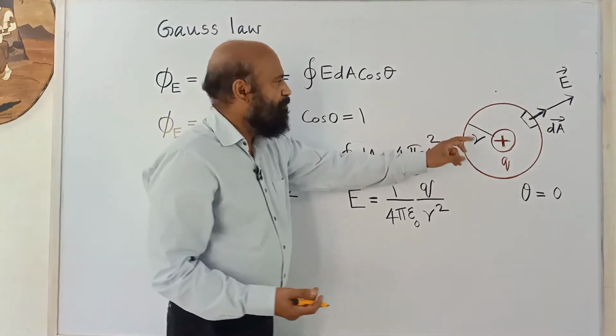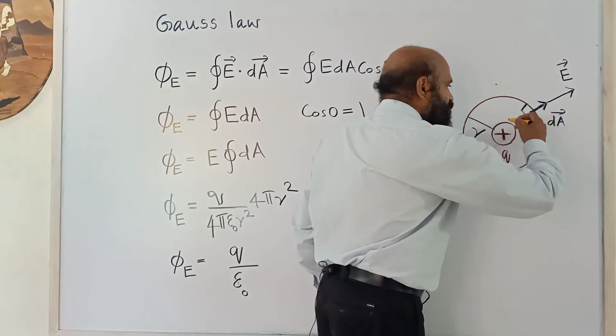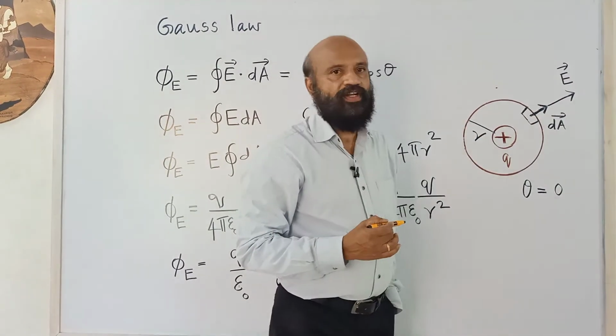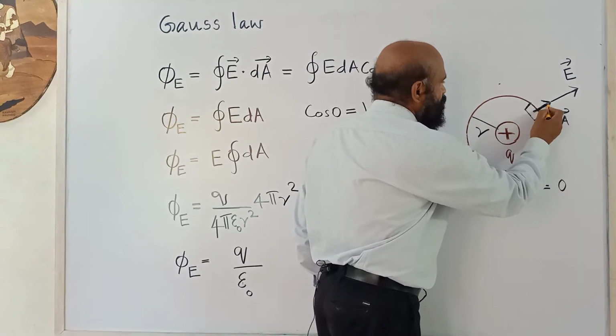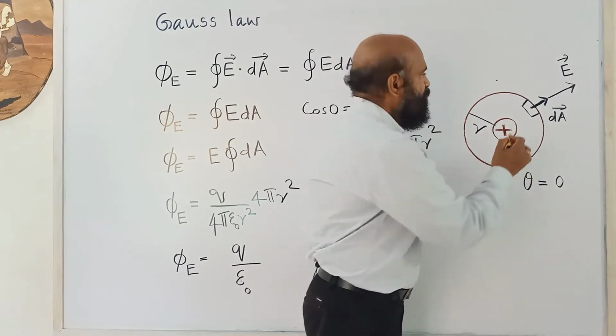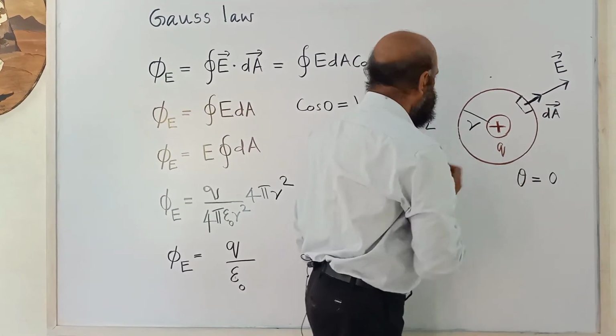In this case, electric field is directed radially outwards. So this is the direction of the electric field, and this is dA vector. So both are in the same direction, dA vector and intensity of the field, both are in the same direction. So theta is 0.